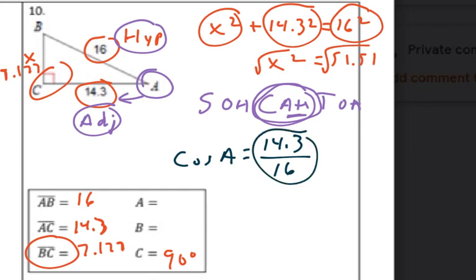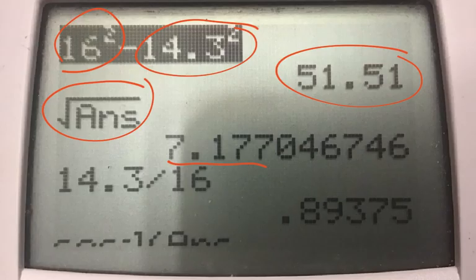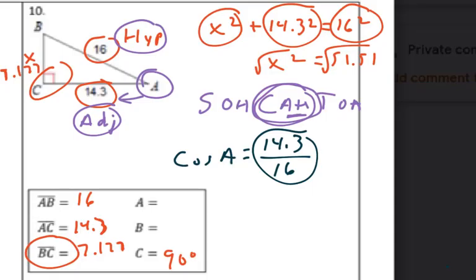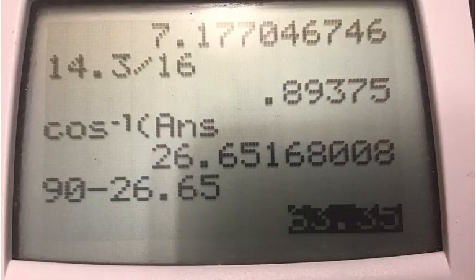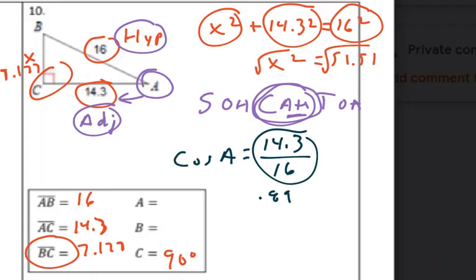So let's divide that with a calculator. 14.3 divided by 16 is 0.89375. And if that equals the cosine of A, I can find A here by doing cosine inverse on both sides.